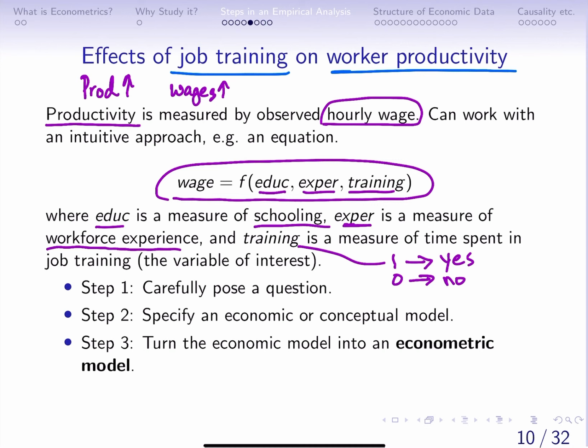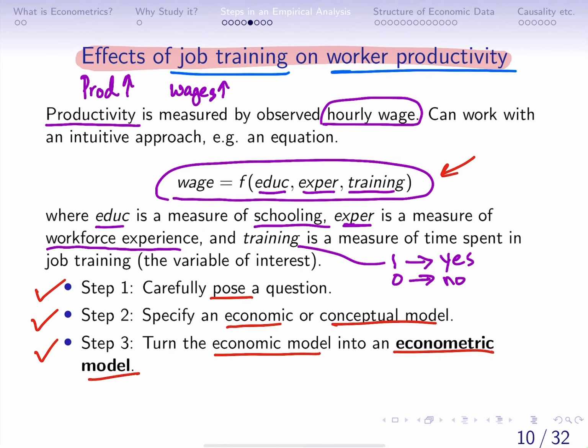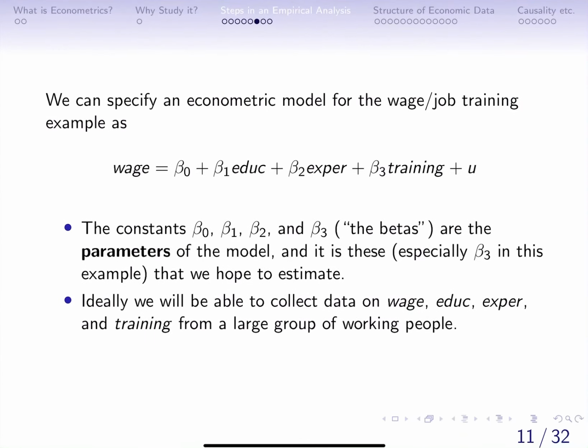So here again, remember we started with the simple question where we said we want to evaluate or examine the effect of job training on worker productivity. So in step 1, we carefully posed a question, which is precise and very simple. Second, we came up with some sort of an economic or conceptual model, which is here. And the third step now requires us to turn that economic model into an econometric model. So let's go ahead and do that.